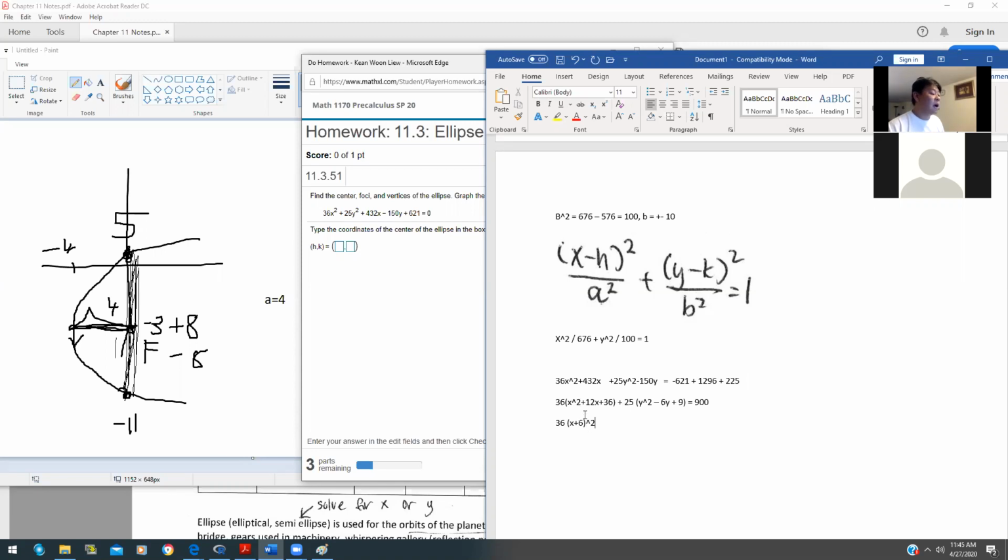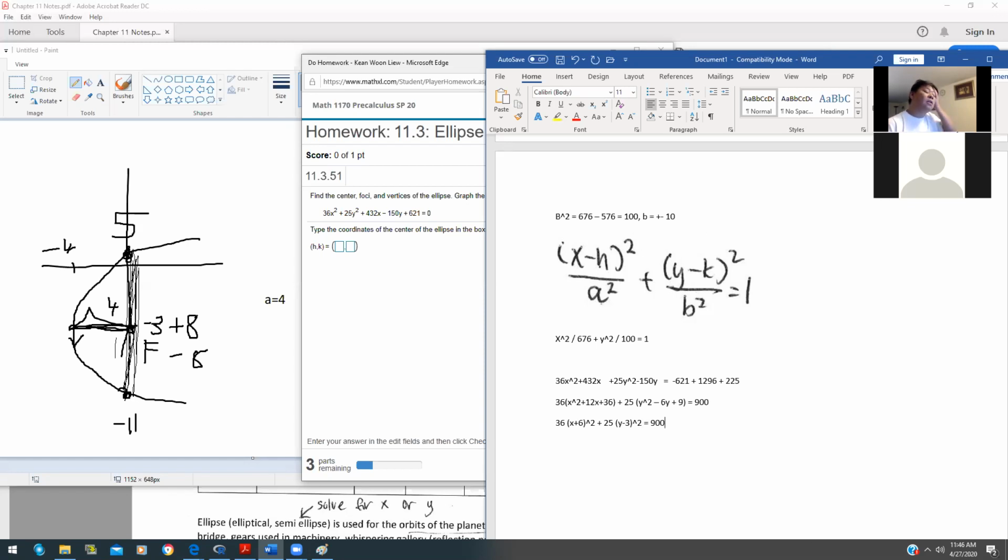This 6 comes from half of 12, the middle term. We still have the 36 and 25 that we factored out, so you have to put them in front as common factors. Half of 6 is 3, so it's y minus 3 squared. And this still equals 900.